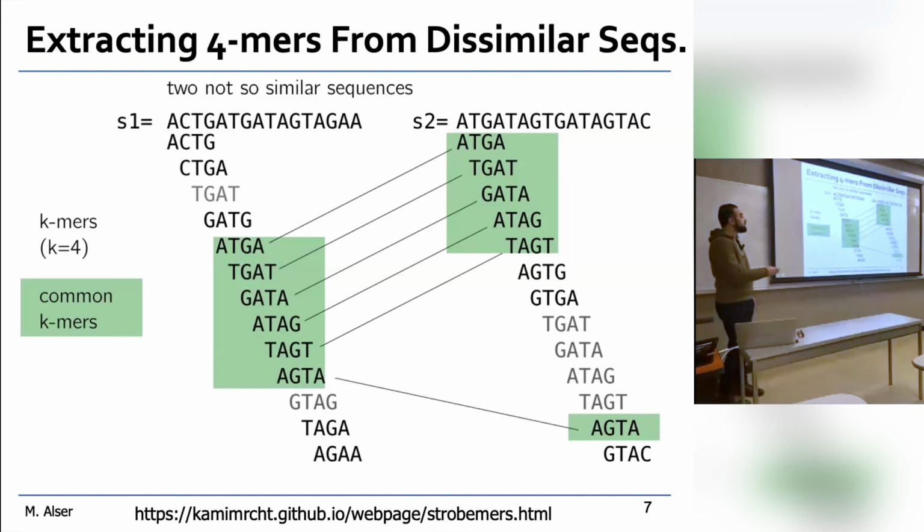So even if we quantify them and say half of those seeds match each other, it does not mean anything. It does not mean the sequences are similar to each other. It could be just random luck, or it could be that we have a repeated region somewhere. For example, here toward the beginning and here toward the middle, we had the exact same region, but when we look at the entire sequence, they are not similar.